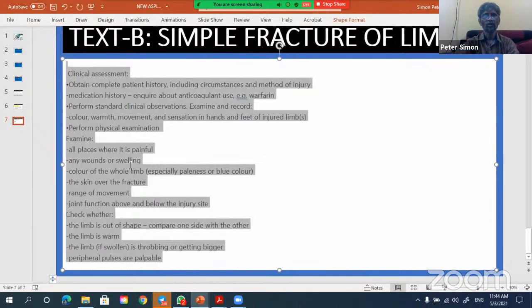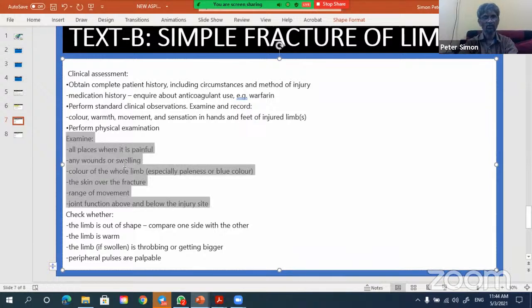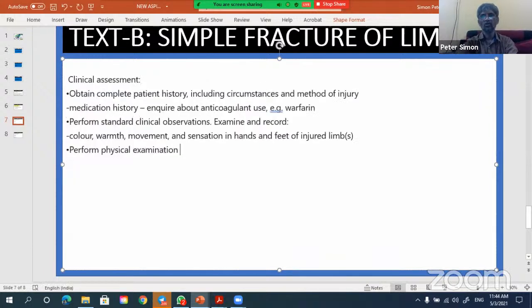Then examine, that is different. This is clinical assessment, this is examine. So we can make this into 2 parts. We take clinical assessment first, then examine next. Check whether, we'll take next. Okay, so this is number 2.